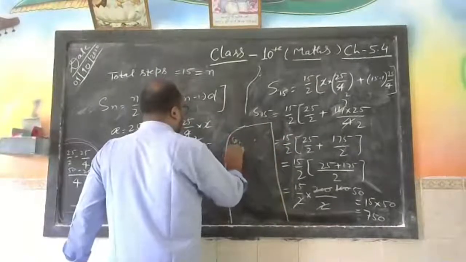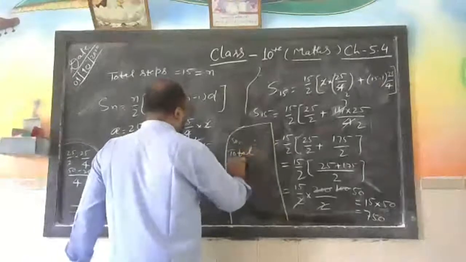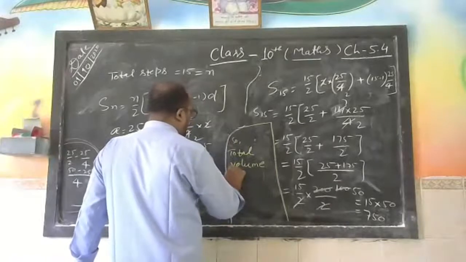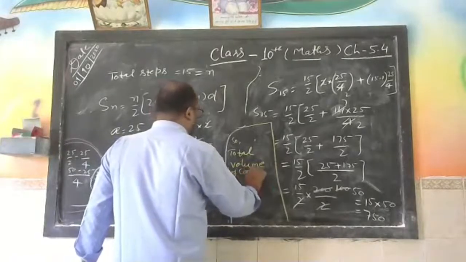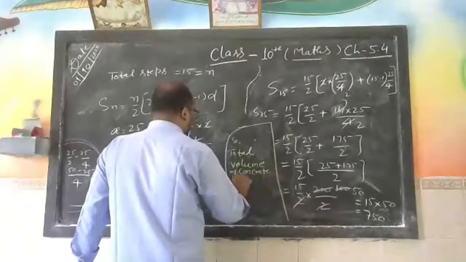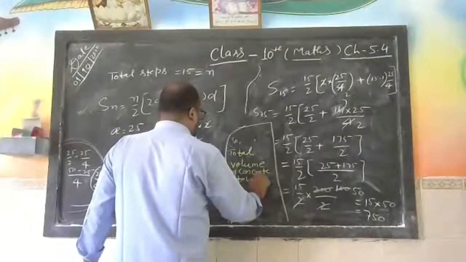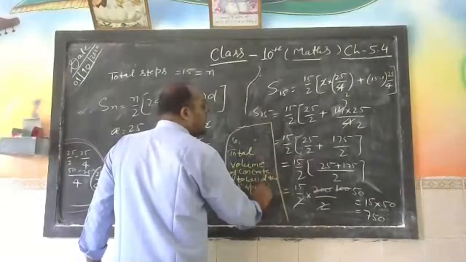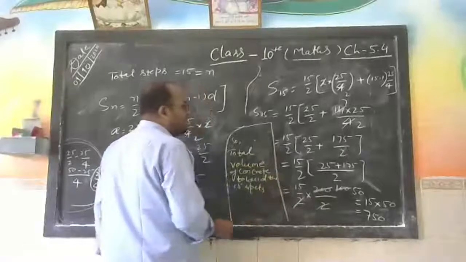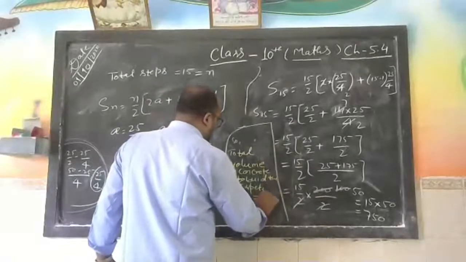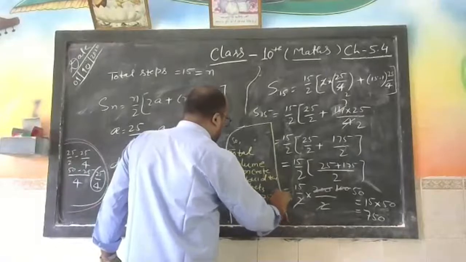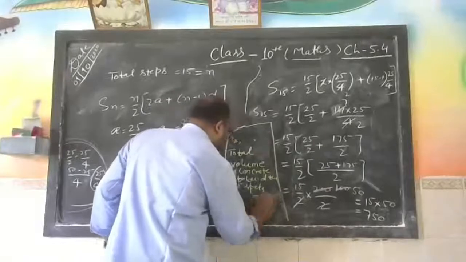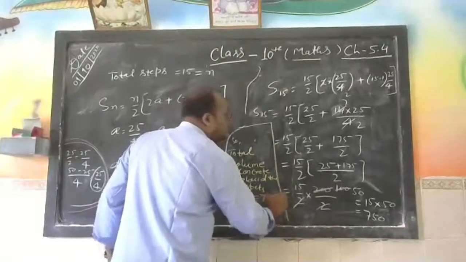So total volume of concrete to build the 15 steps is equal to 750 meter cube.